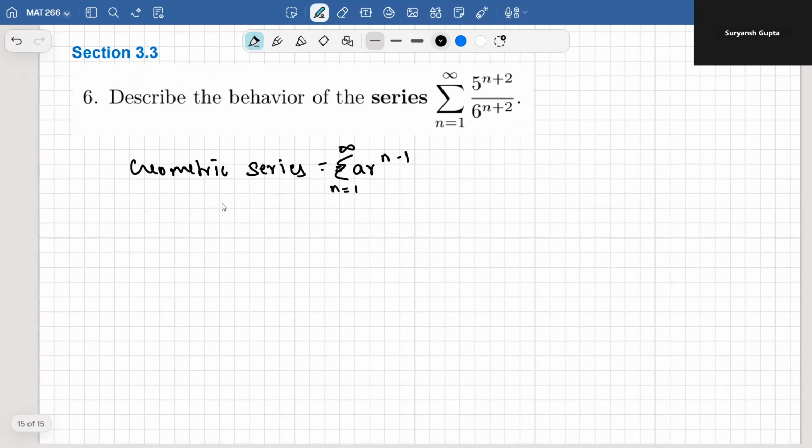If we can get this function down to this form, the sum of the geometric series, which is the sum of each and every term inside, is equal to a by 1 minus r when the modulus of r is less than 1. If it's greater than 1, it's going to diverge. It's just going to go to infinity.